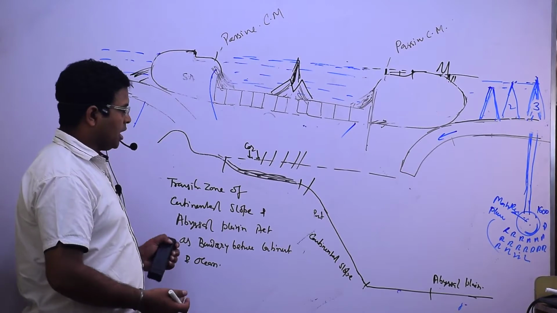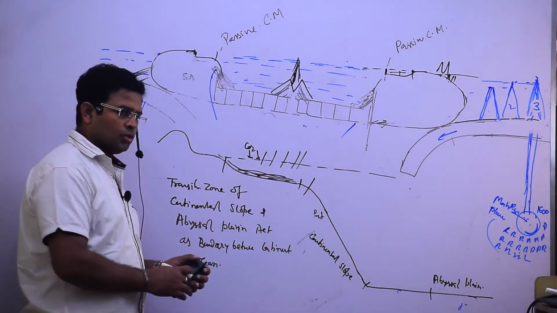Clear? Shelf, slope. So this is the zone.